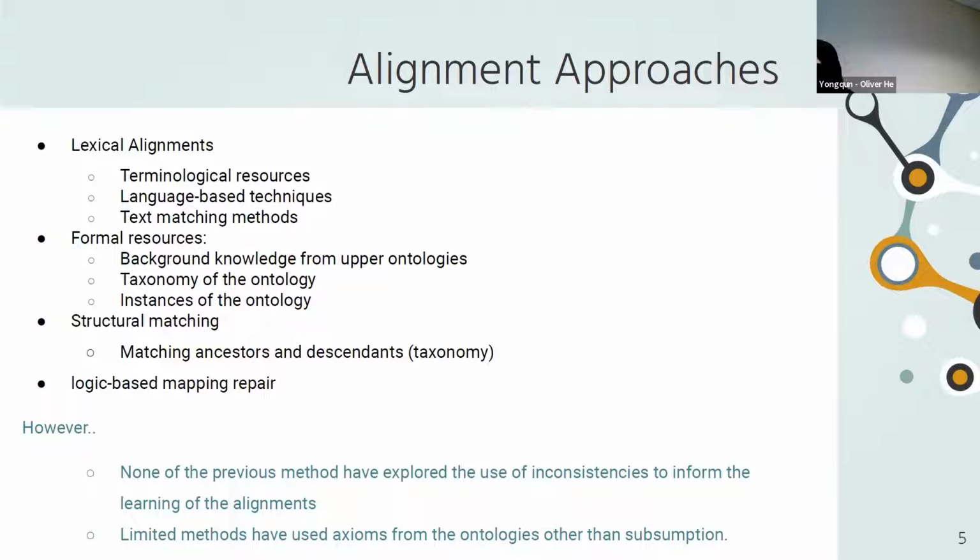It is used as a way of repairing the found alignments, but not in the process of learning using machine learning algorithms. And few of those methods have used axioms from the ontologies other than the subsumption relation. What I mean here are the logical axioms: disjointness, intersections, and the existential and universal quantifiers.